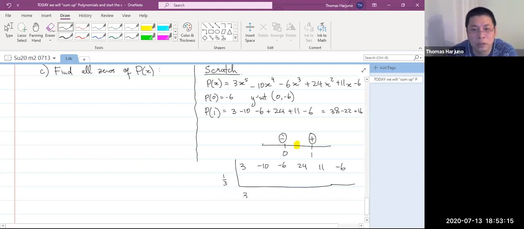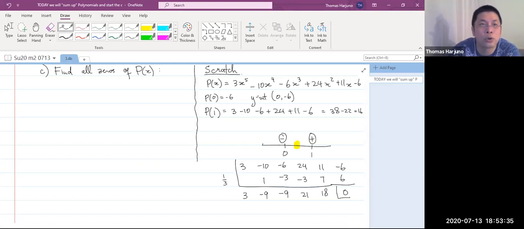This is 3, 1, negative 9, negative 3, negative 9, negative 3, 21, 7, this is 18, 6, 0. Yay, there's a 0. Now I can put that on my formal work.